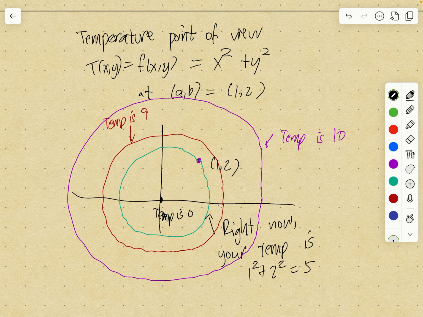Right? So as you go out, in this particular example, since your temperature is x squared plus y squared, you get hotter and hotter, and the lowest temperature is 0.